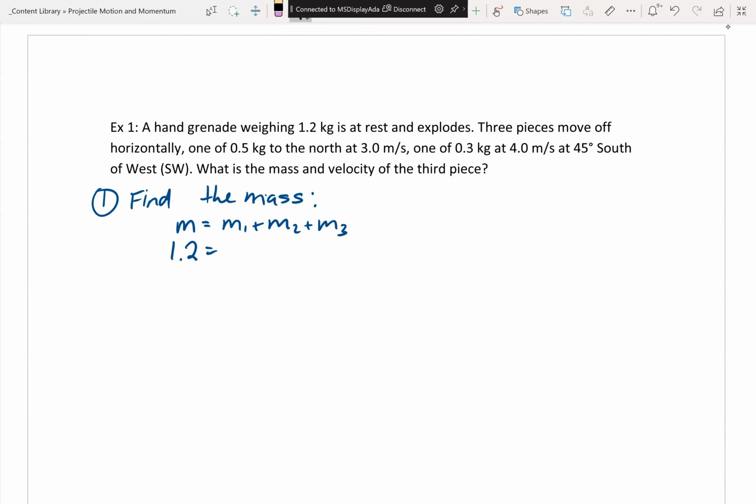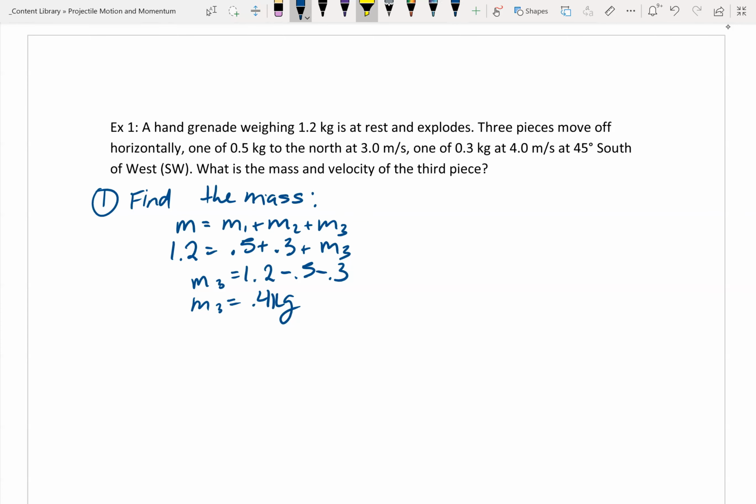The first mass is 0.5 kilograms. Our second mass is 0.3 kilograms, and we don't know what the third mass is. So all I have to do is rearrange this and solve for our third mass. So our third mass is 0.4 kilograms. And that's one answer.